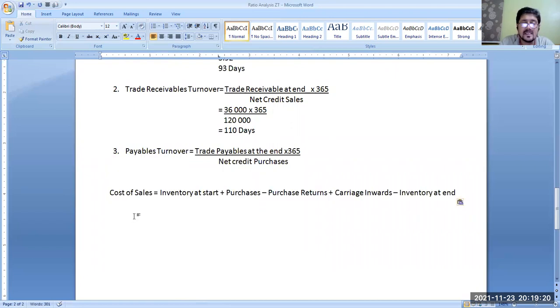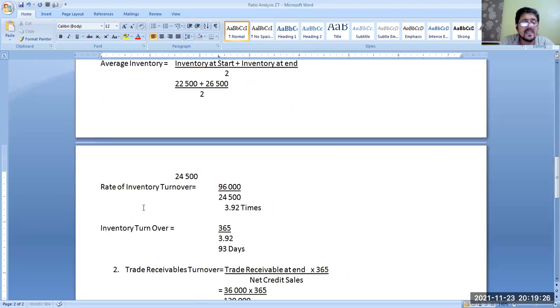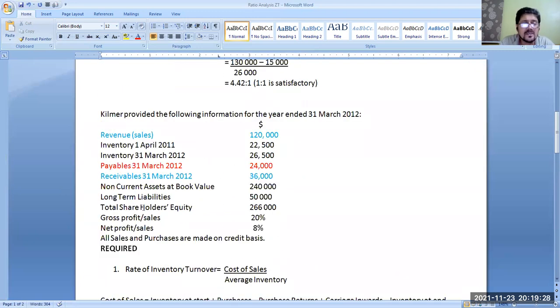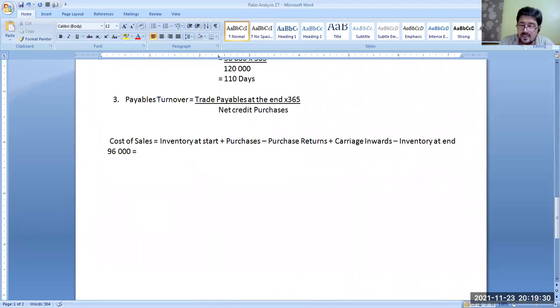Now cost of sales, we know that is 96,000, is equal to inventory at start 22,500 plus purchases, we have to know, so we'll write purchases over here. Purchase returns is not given, so we are deleting purchase returns.